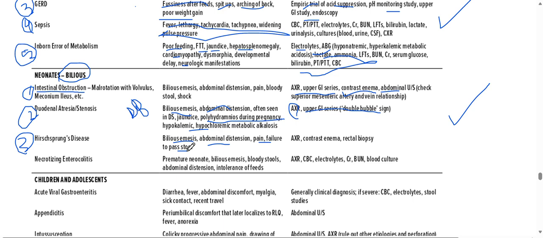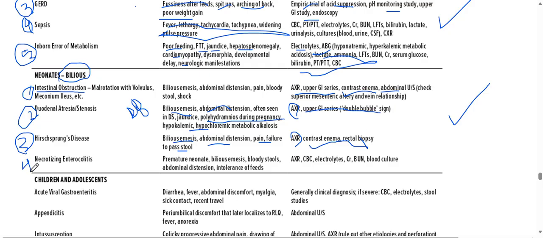As a result, there can be abdominal distension. So what we have to do: abdominal X-ray, an easy investigation, but the diagnostic definitive one is contrast enema. And then the rectal biopsy is definitely the most important one. So abdominal X-ray, contrast enema, and rectal biopsy. Rectal biopsy is the definitive diagnosis.